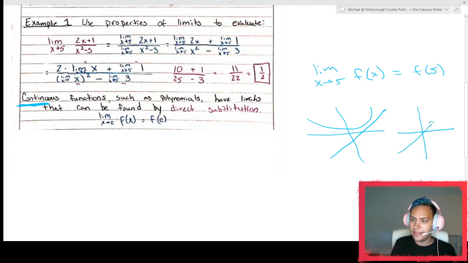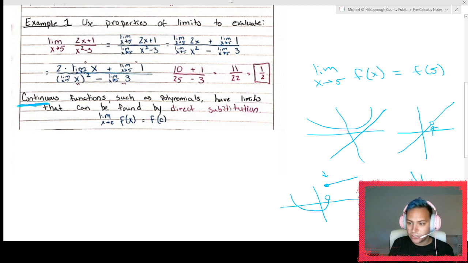So a function like this would not be continuous because there is a removable discontinuity there. Piecewise functions that maybe do something like this, that would be not continuous because there is a jump discontinuity. Functions like the reciprocal functions that go up like this and have an asymptote here, that would have an infinite discontinuity, so it is not continuous.